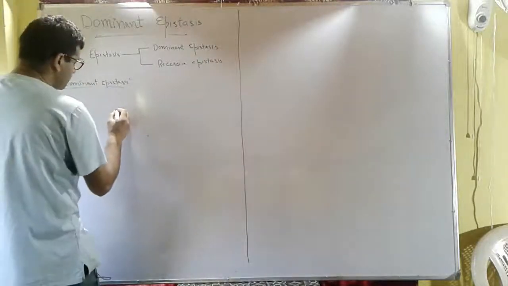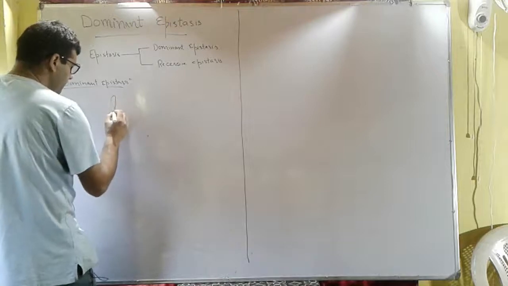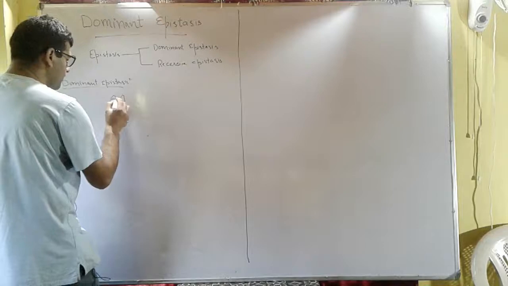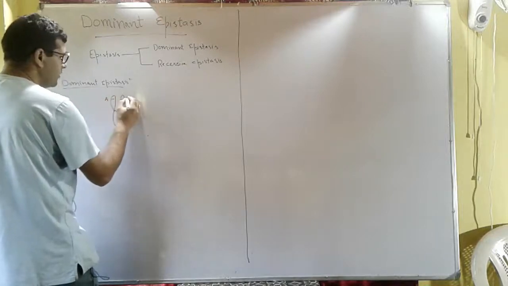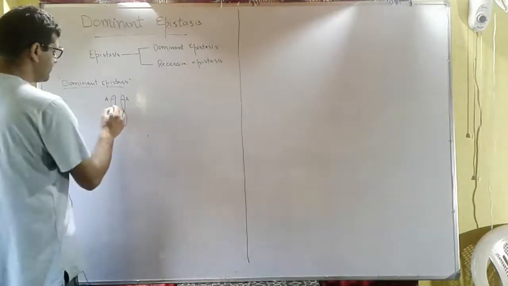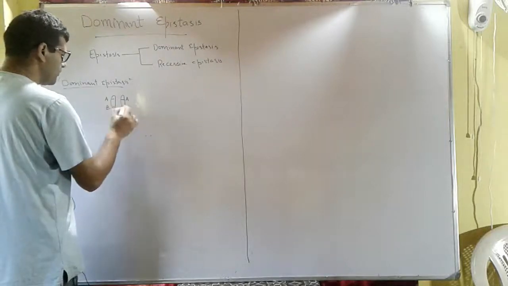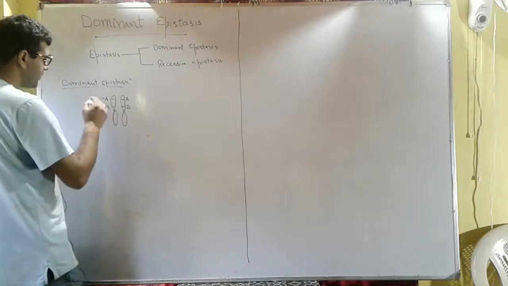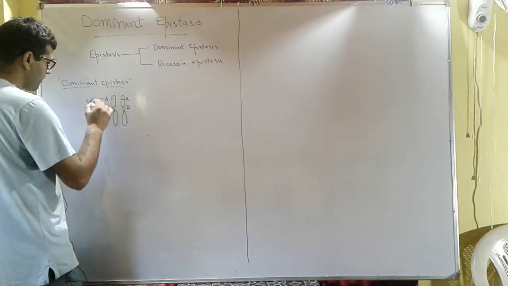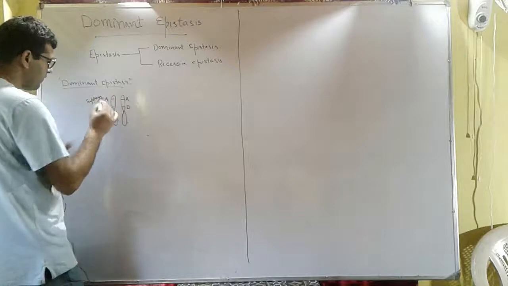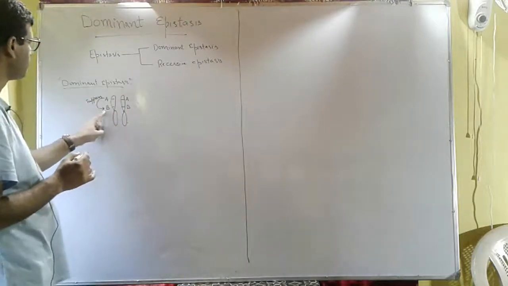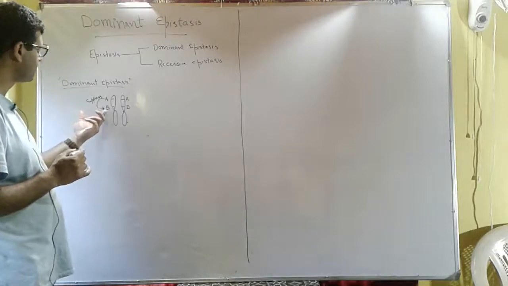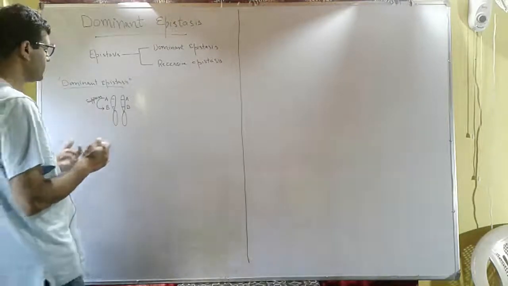For example, this is the dominant allele of one gene and it suppresses the expression of the other gene. This A gene suppresses the expression of the other gene, that is the B gene. So we can say that this is a dominant epistasis.